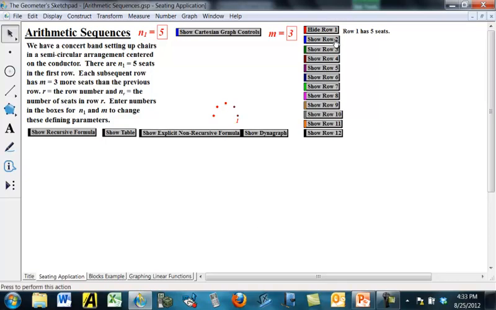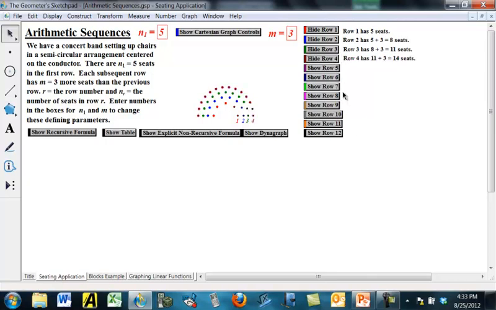Alright, how many are going to be in the second row? Well, we're going to add 3 to that, so there's going to be a total of 8 in the second row. We'll add 3 to that to get 11 in the third row. That does count out to be 11. 3 more, we'll put 14 in the next row.